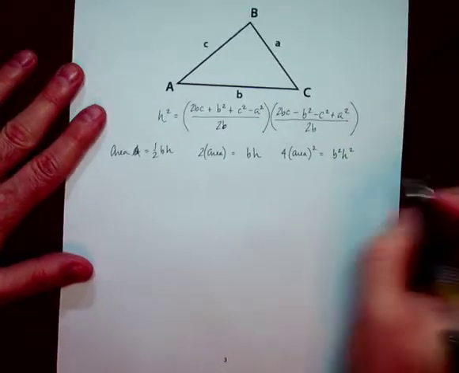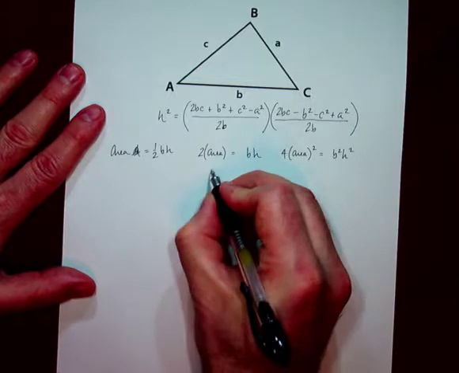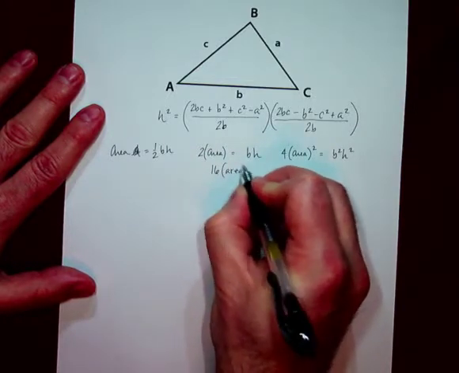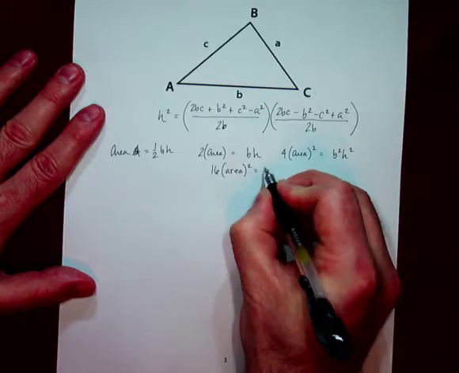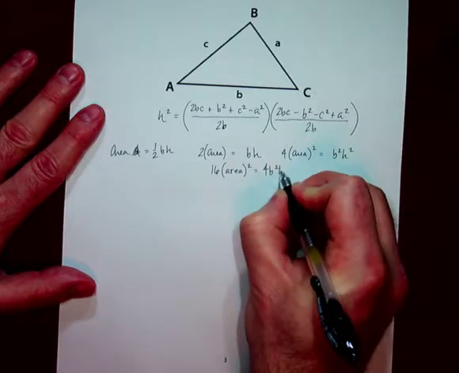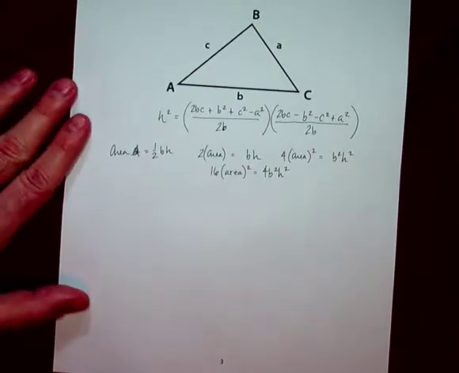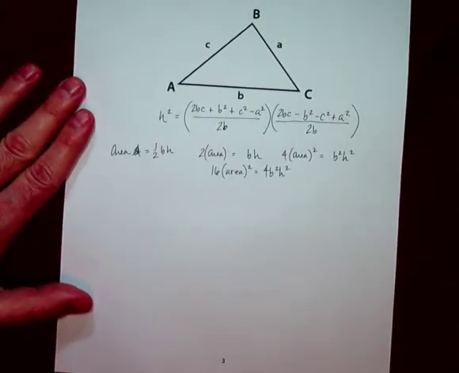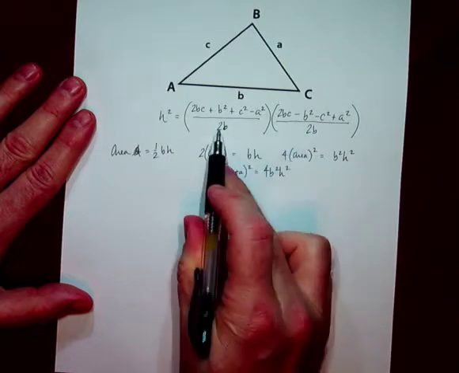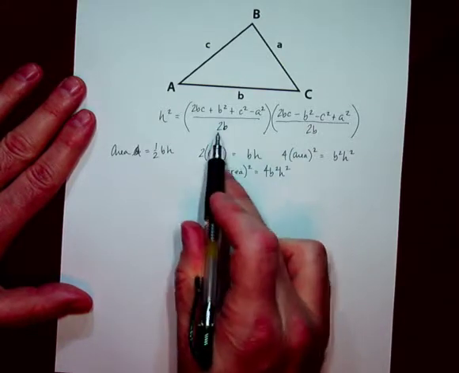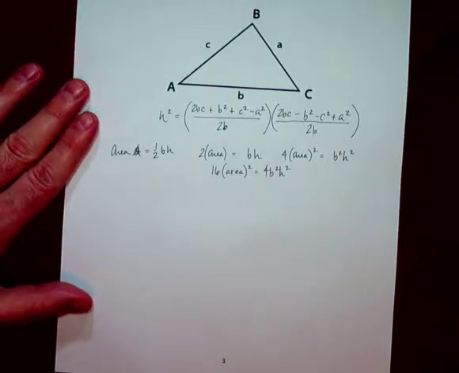And the last thing I'm going to do is multiply both sides by 4, so 16 times the area squared is equal to 4b squared h squared. And if you're thinking to yourself, why in the world is that important? I need you to look at those two denominators. I'm going to multiply both sides by 2b twice.